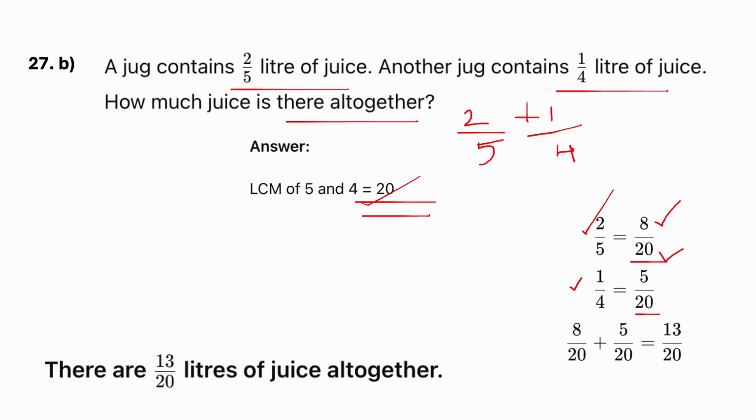So, what is 1 into 5? That is 5. You have to multiply both numerator and denominator by the same number. So, now you got equivalent fractions 8 by 20 and 5 by 20. Both have the same denominator. So, you can add 8 by 20 plus 5 by 20 is 13 by 20. So, there are 13 by 20 liters of juice altogether.